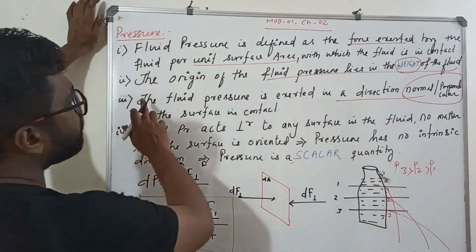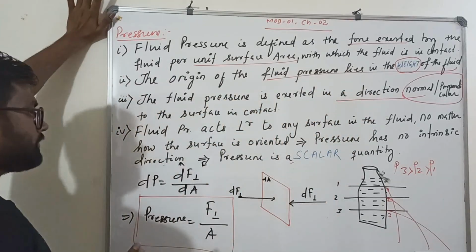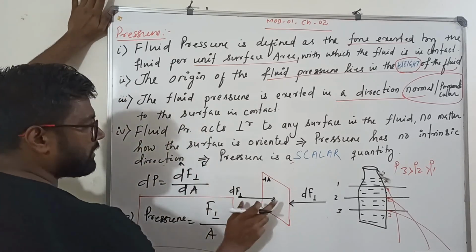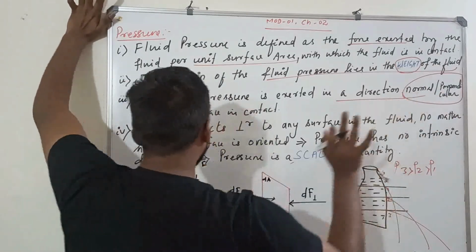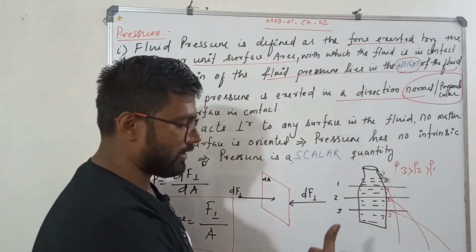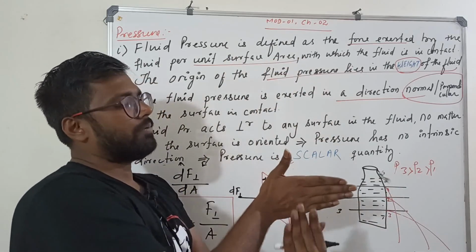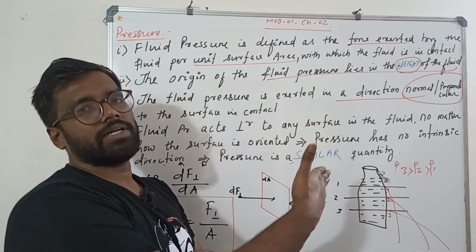So now this fluid pressure is exerted in a direction normal to the surface area. This pressure is perpendicular to any surface in the fluid, no matter how the surface is oriented. If the surface is horizontal, it will be perpendicular to the horizontal. If the surface is vertical, it will be perpendicular to the vertical. If the surface is inclined, it will be perpendicular to the inclined surface.